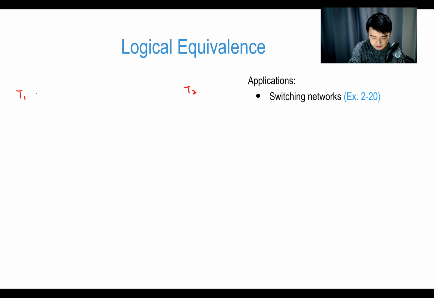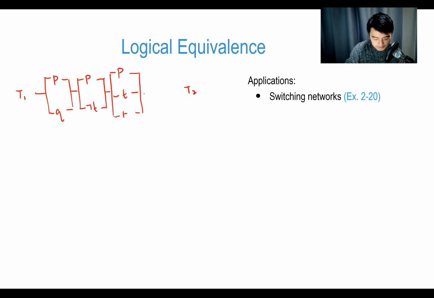And let's imagine that we're going through a network that looks like this. We have P, we have Q, and then we also have P, and we also have not T, and let's say that we also have P, T, and R. The idea here is that these are switches. All of these variables represent switches.